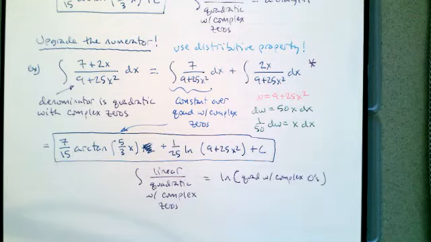If we have a polynomial of degree greater than 2 in the numerator and the denominator is a quadratic with complex zeros, then we just use algebra to get the numerator down to where it's linear or constant. Any questions?